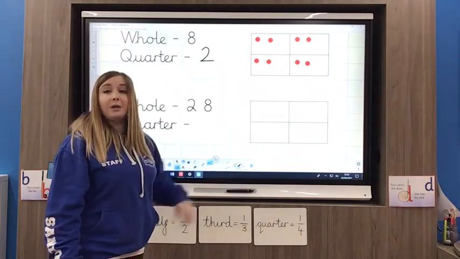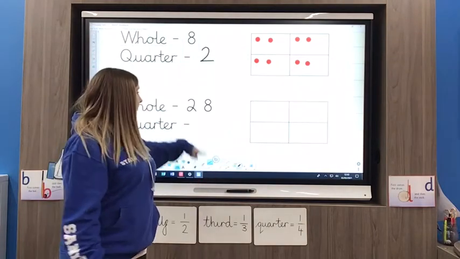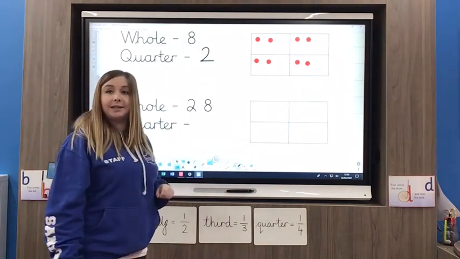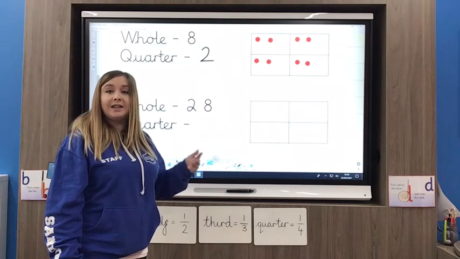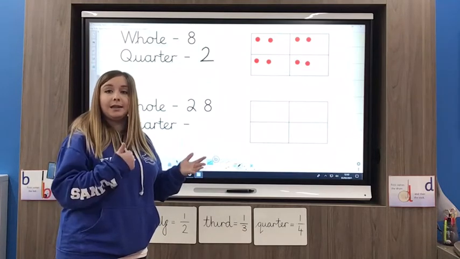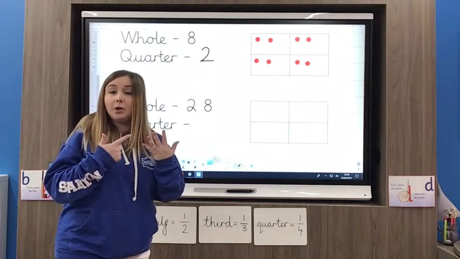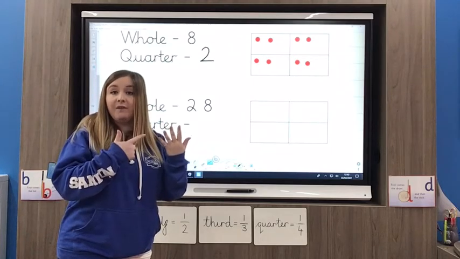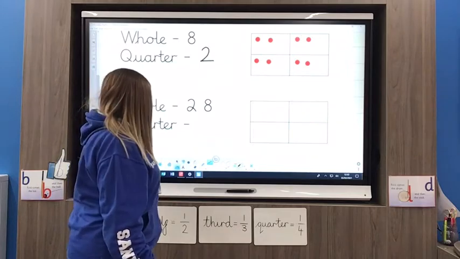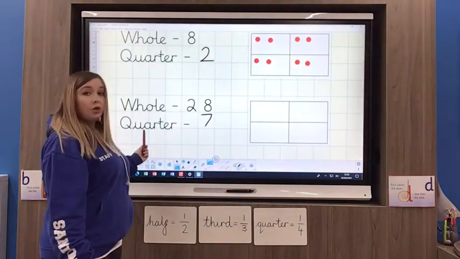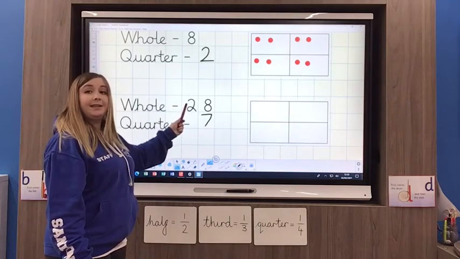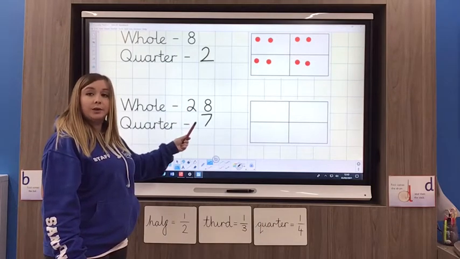So we're going to count in 4s until we get to 28. Count along with me at home. 4, 8, 12, 16, 20, 24, 28. So I counted 7 times, which means 1/4 of 28 equals 7.